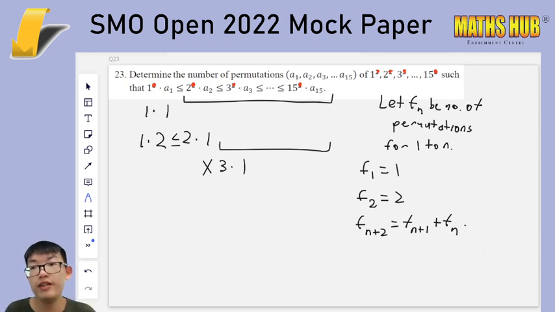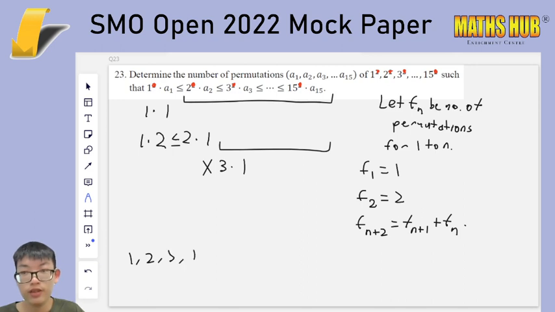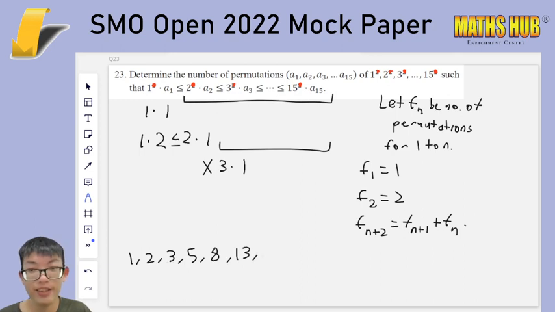So just list out your terms in your Fibonacci sequence up to the 15th one. My laptop does not like the Fibonacci sequence as much as I do. And if you list out to the 15th one, it would be 987.